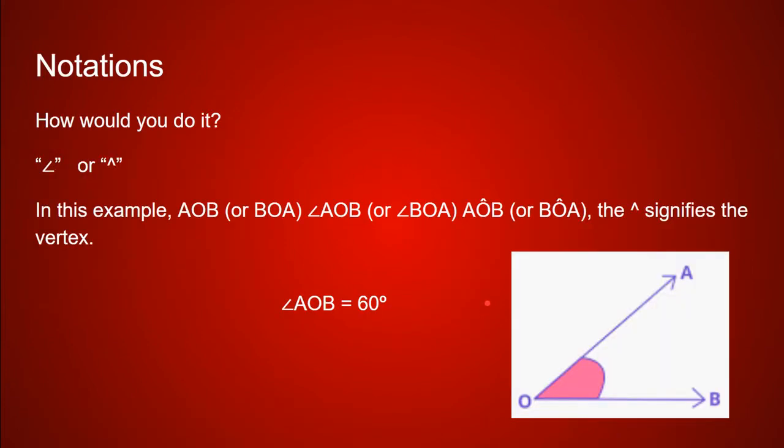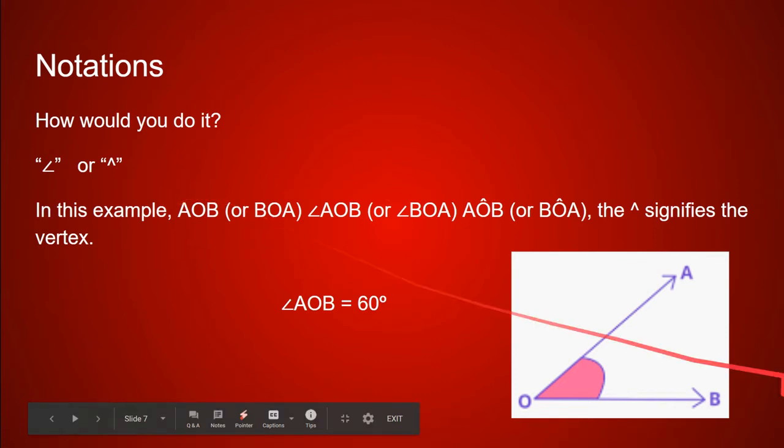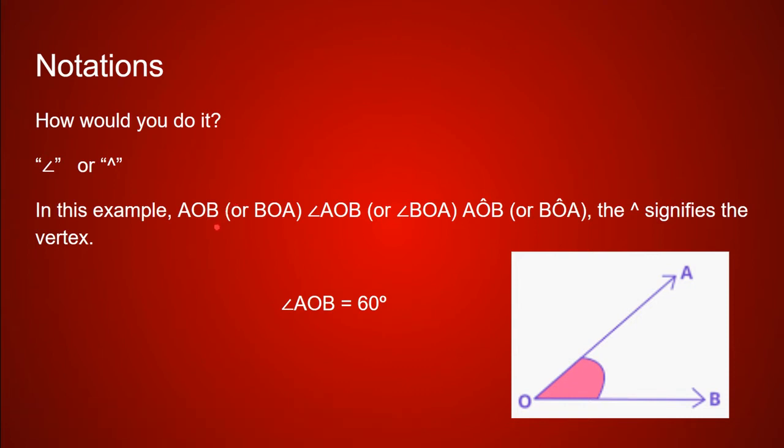Like in all math, we have to notate angles, meaning when we are writing the angle in equations and other representations. How would we do that? Well, we need to use one of these two symbols, but first we have to order the letters in terms of ray, vertex, ray, or RVR. So, AOB or BOA.